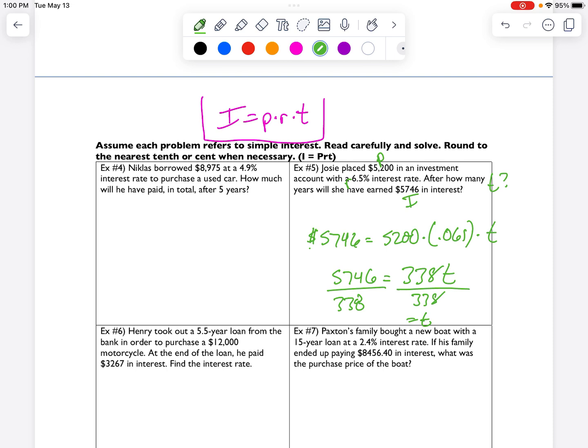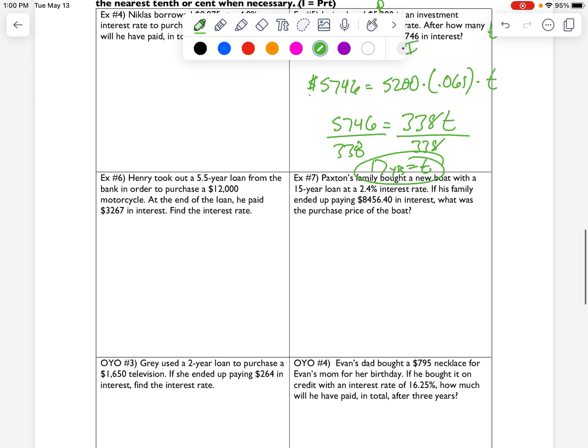All right, so in each one of these problems, we're going to stop and say, all right, here's our time. That's good. Here's our principal. That's good. And then he pays the interest. So in this one, what's the missing piece? It's the rate. So I would set up the problem using those same variables and in those same spots, but I will end up with one variable. That variable isn't always the answer.